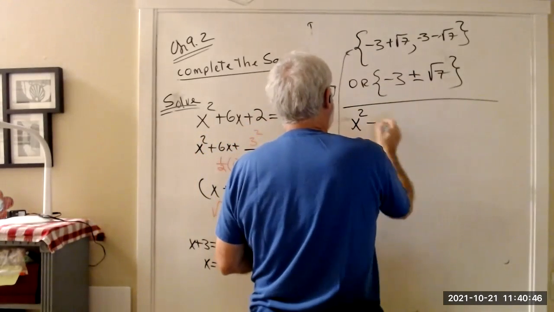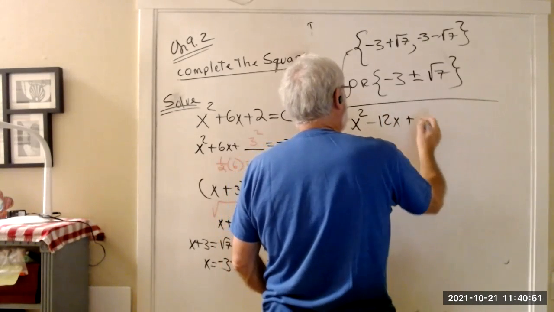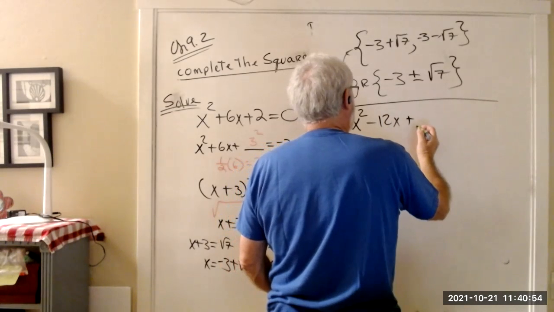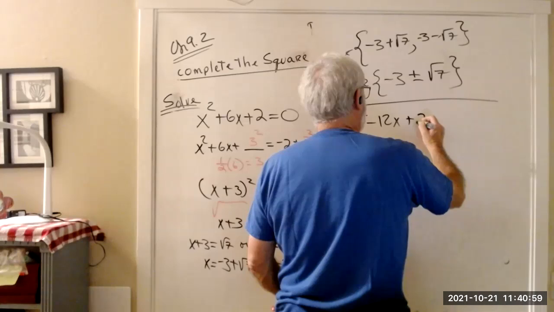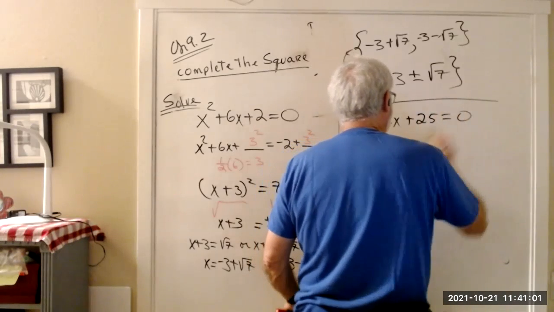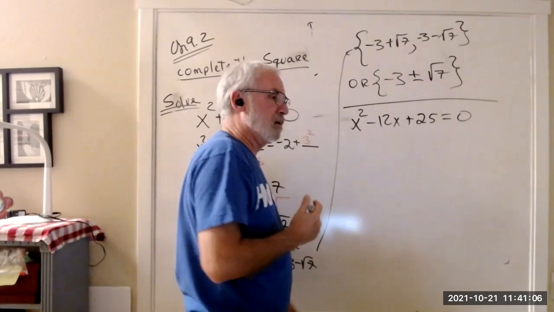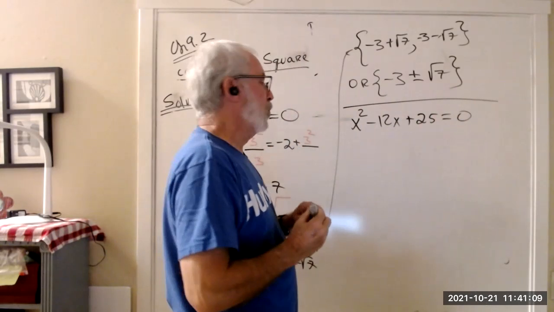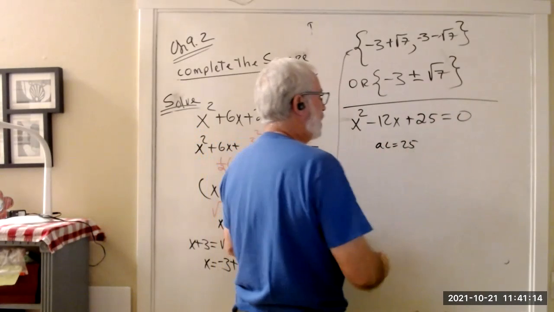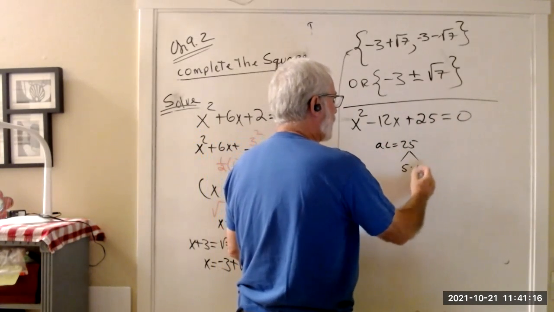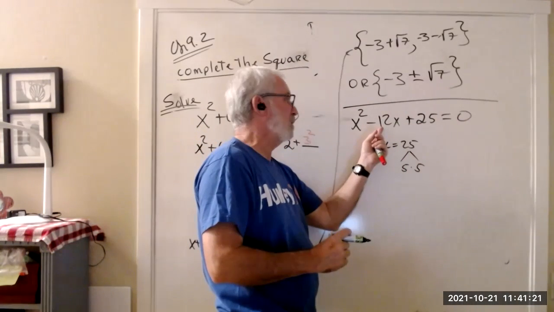X squared minus 12x plus 25 equals 0. Okay. So real quick, your AC is 25. There is no way that you can break down 25 to equal 12, negative 12.